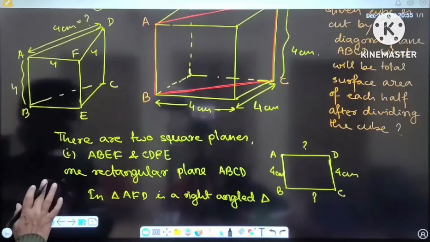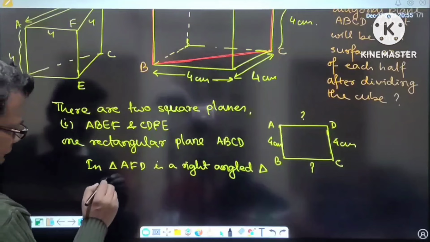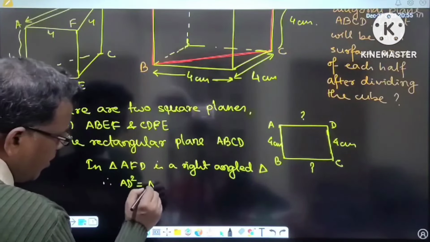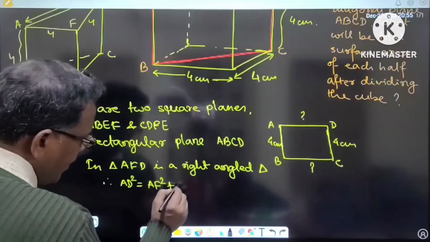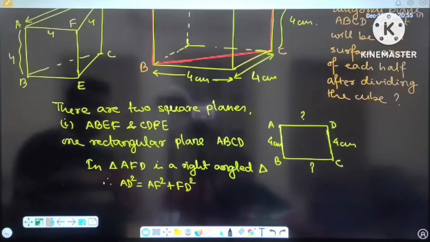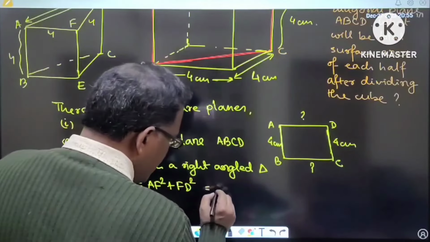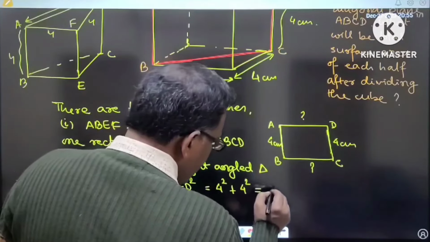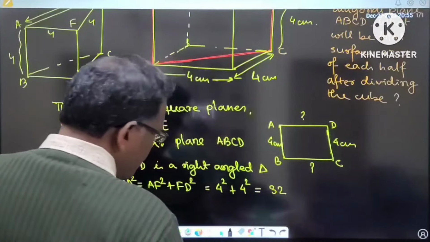So AFD is a right angled triangle where I can write AD square is equal to AF square plus FD square. Yes or no? AF and FD both are 4 each. So 4 square plus 4 square is 32.